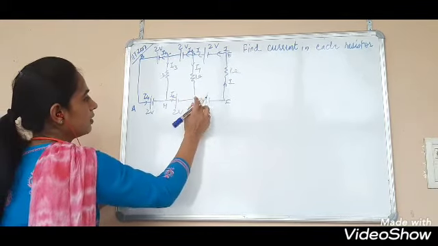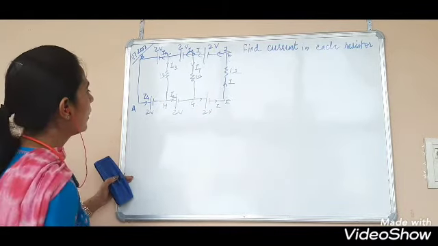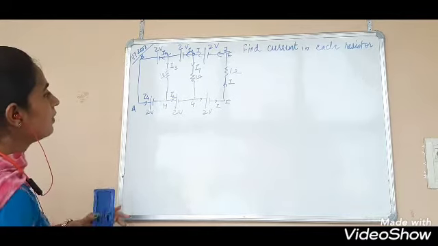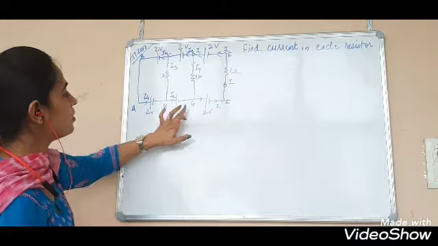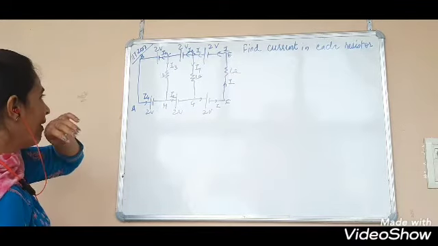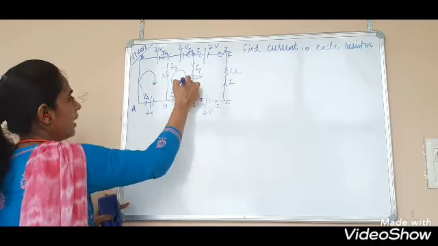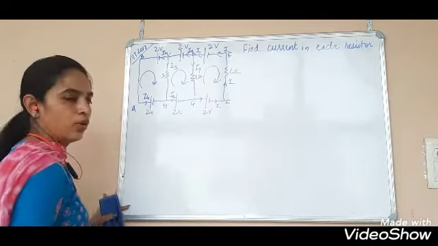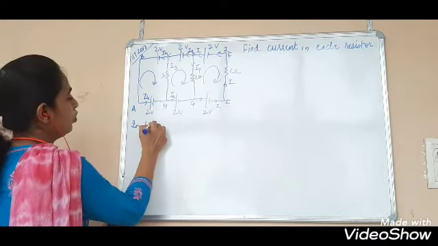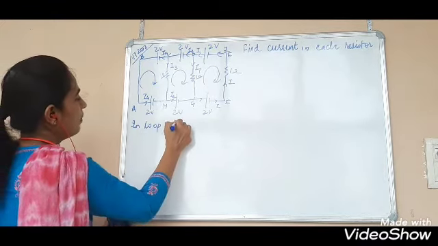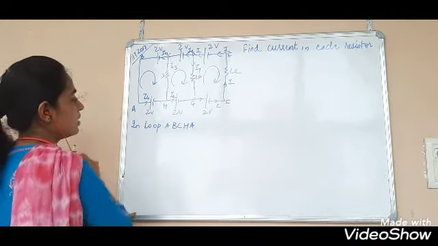We call this as I. So A, B, C, D, E, F, G, H. Now we can choose the paths. I'm fond of taking clockwise paths only. I don't know why. So in the first loop, A, B, C, H, A.